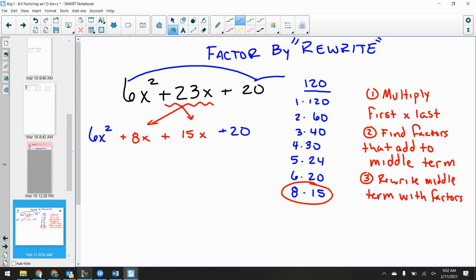How many terms do you see? 4. What's the only way to factor something with 4 terms? By grouping. Factor by grouping. See, this is all tying in now. I'm going to underline my first 2 terms, underline my last 2 terms, and factor by grouping.